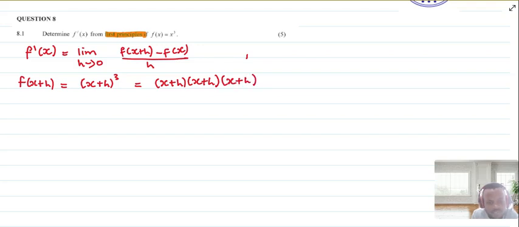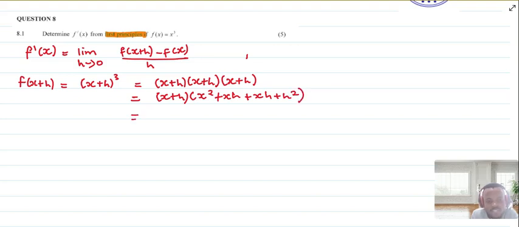So from here we have x plus h. When you say x times x, you get x squared. x times h, you get xh. h times x, you also get xh. h times h becomes h squared.